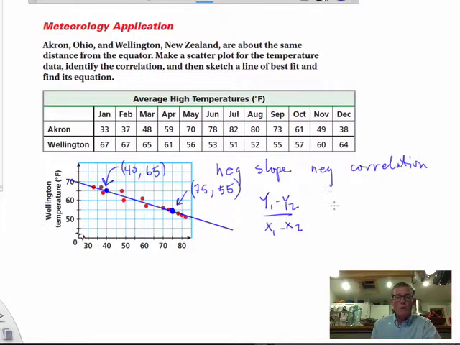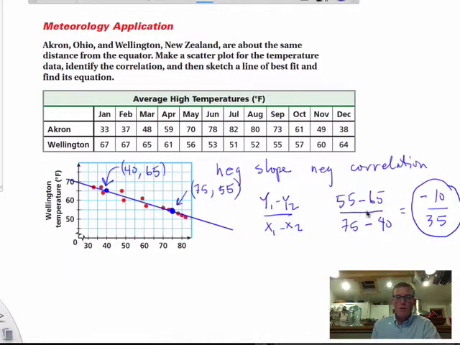Okay, what that means is I'm going to take 55 minus 65 and then divide it by 75 minus 40. So on top I have negative 10, and on the bottom I have, what is that, 35. Right there is my slope, the slope that fits into y equals mx plus b.